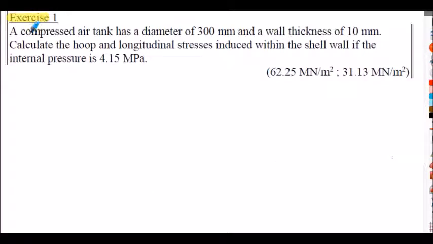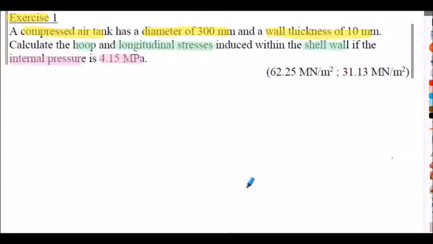Exercise 1: we've got a compressed air tank with a diameter of 300 millimeters. We're not bothered with whether that's inside diameter, outside diameter or mean, it doesn't matter. The diameter, as far as we're concerned, is 300 millimeters and the wall thickness is 10 millimeters. We've got to calculate the hoop and the longitudinal stresses induced within the vessel shell wall, and we're given an internal pressure of 4.15 megapascals.